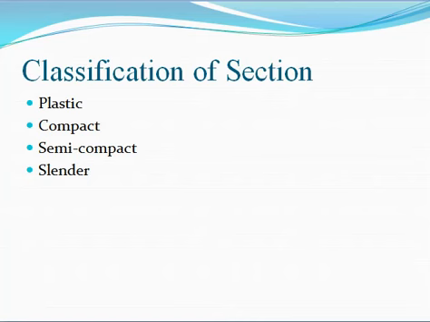Now, why are the classes given as plastic, compact, semi-compact and slender? See, when any element is loaded, first of all, due to that load, stresses are formed in the material.